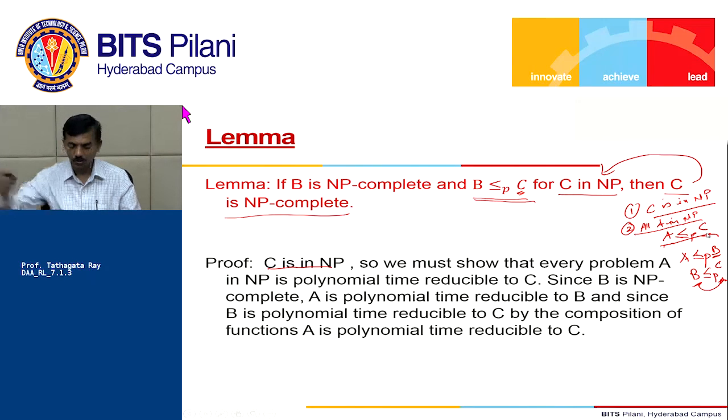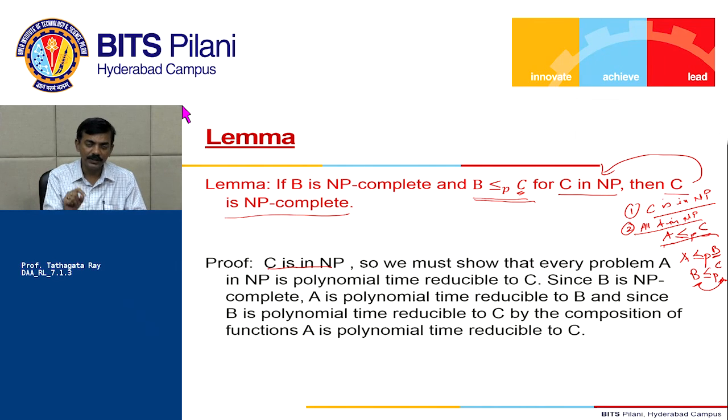So first of all, notice that C is in NP. So we must show that every problem A in NP is polynomial time reducible to C, right? That is the second condition. Every problem A in NP is polynomial time reducible to C. That's what we require to prove. That's the second part of the condition.